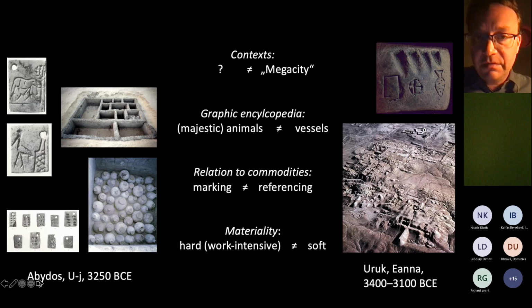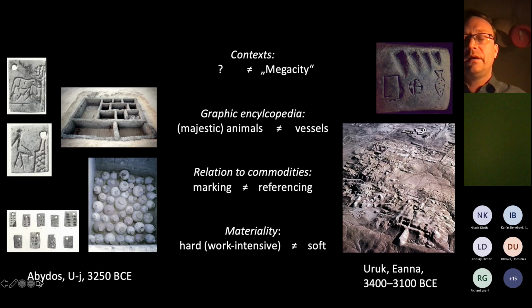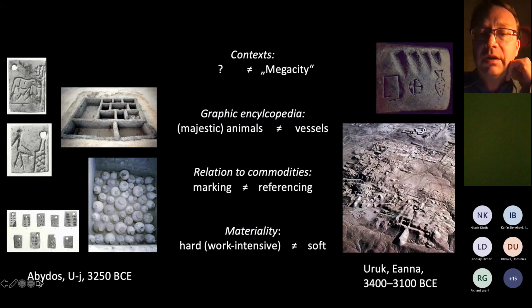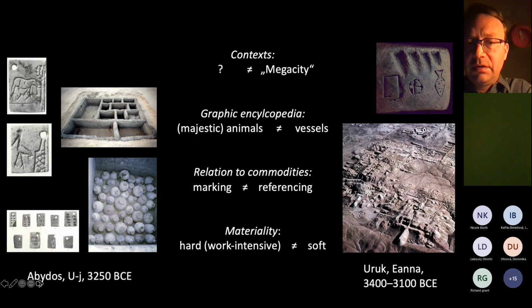If you look at the signs themselves, the graphic encyclopedia is entirely different. In Uruk, you have many signs that represent vessels, which can be marked in different manners, diacritically, with hatchings and so forth. Whereas in Egypt at the time, you mainly have animals, many birds of various sorts, majestic, powerful, dominant, dangerous animals. The relation to the commodities is also entirely different.